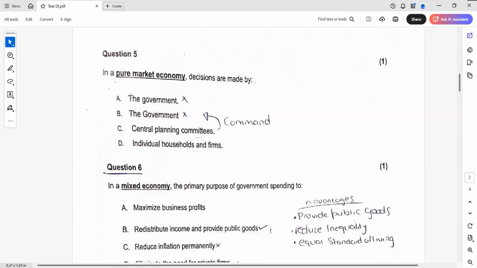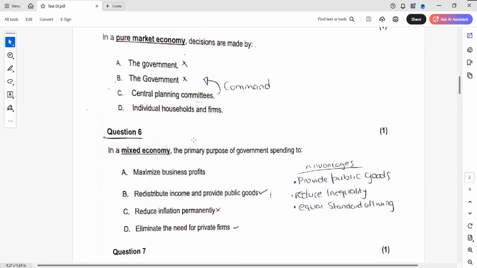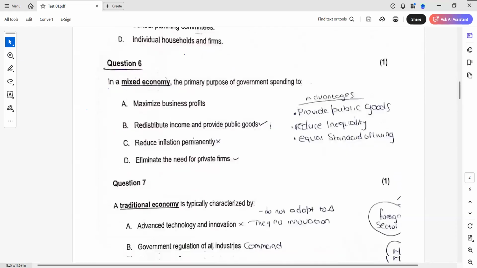The government will make decisions in the command economy, or you call it the centrally planned economy. And also the centrally planning committees, no. And then individuals, households, and firms, yes, right? Because all resources in a pure market economy or in a free market economy are owned by individuals. So obviously, they are the ones who are going to make the decisions.